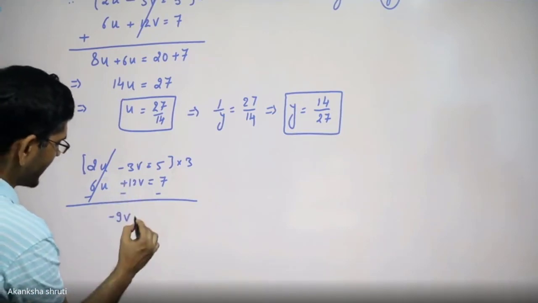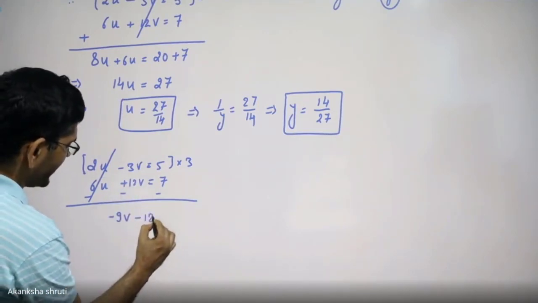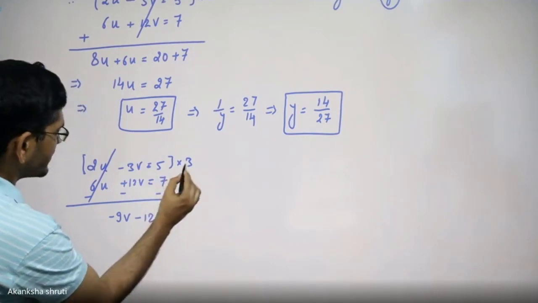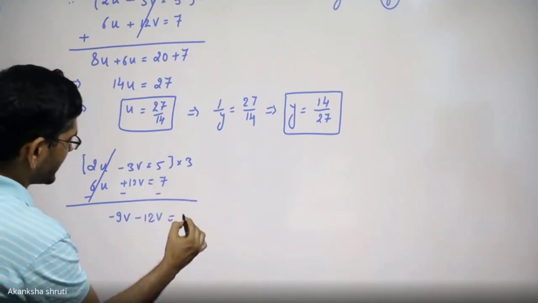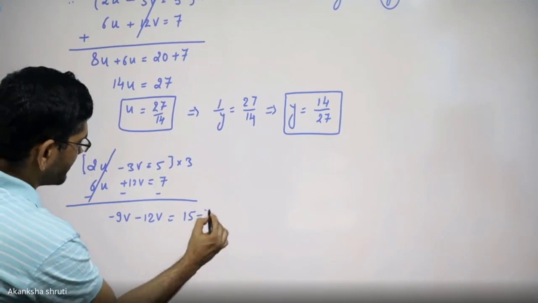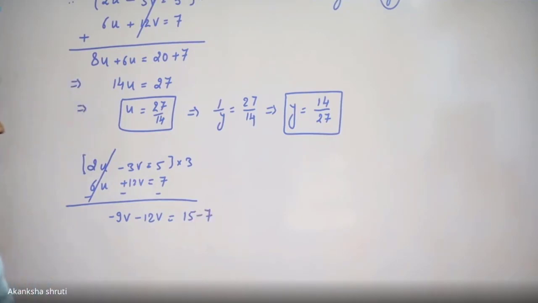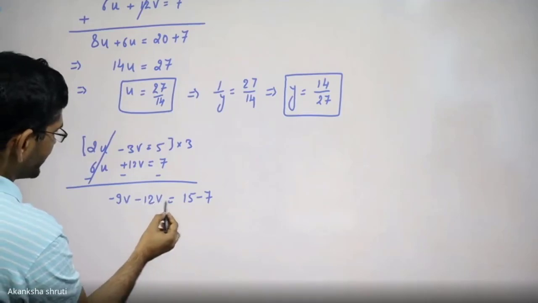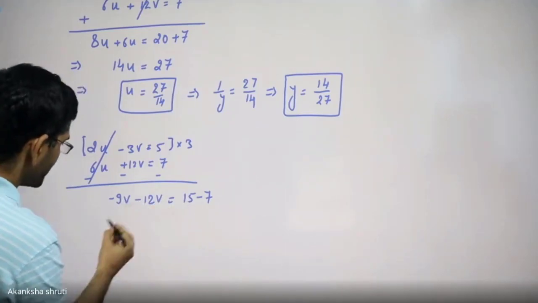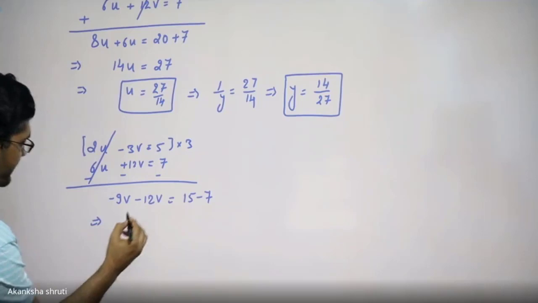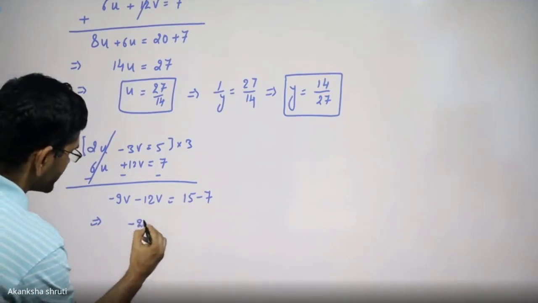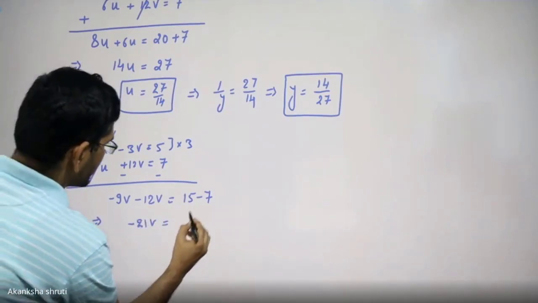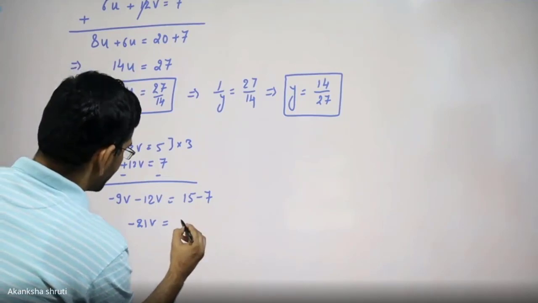Already this is minus 12v is equals to 5 3s are 15 minus of 7. On cancelling, we are getting 9v minus 12v is equals to 15 minus 7. Go for simplifying this. It becomes minus of 21v is equals to 8.